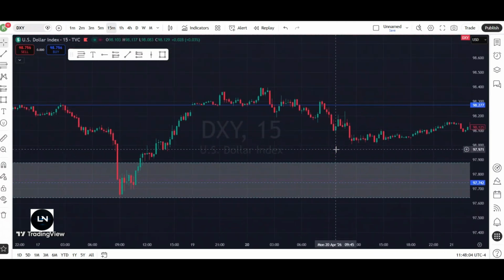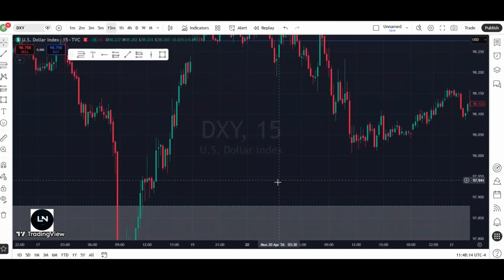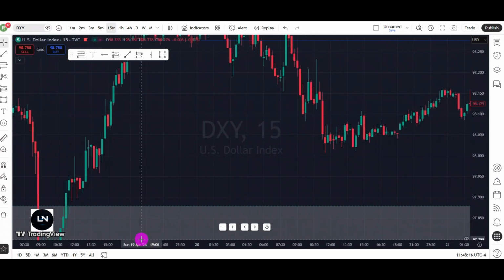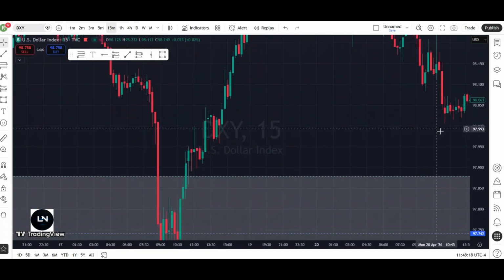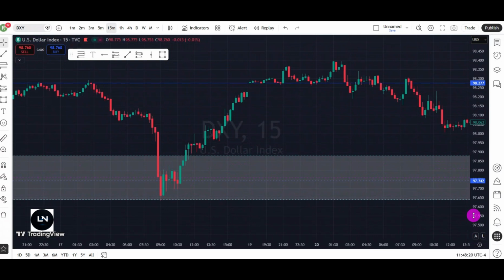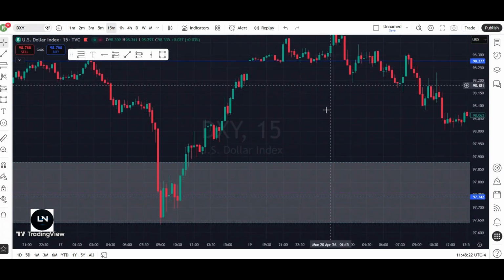Within those ranges, we've seen price doing expansion, pullback, retracement, extension, and then consolidation within this range. Those are the internal range liquidity we are looking at.